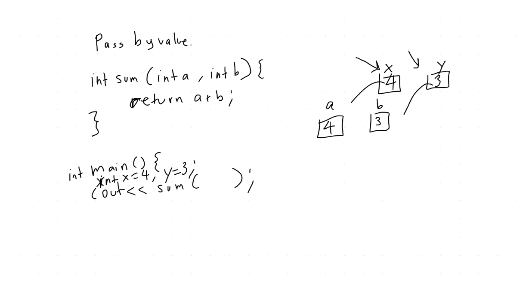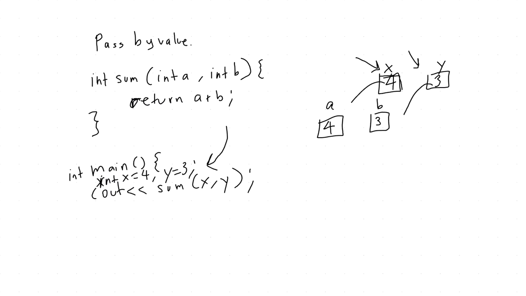So if I pass x and y into the function sum, we're not working directly with these because by default in C++, functions are passed by value. However, if you wanted to make a function that could change directly values that you declare in the main function, you have to specify that.